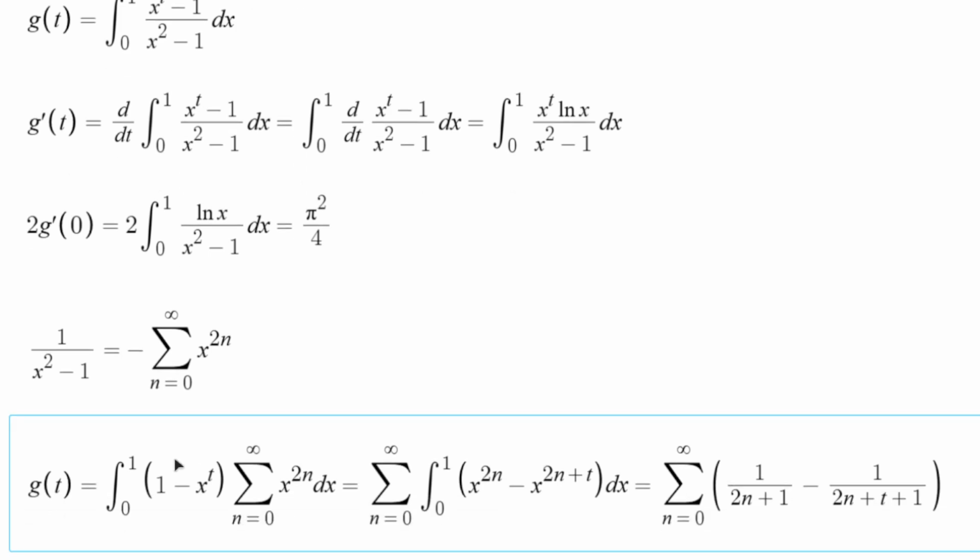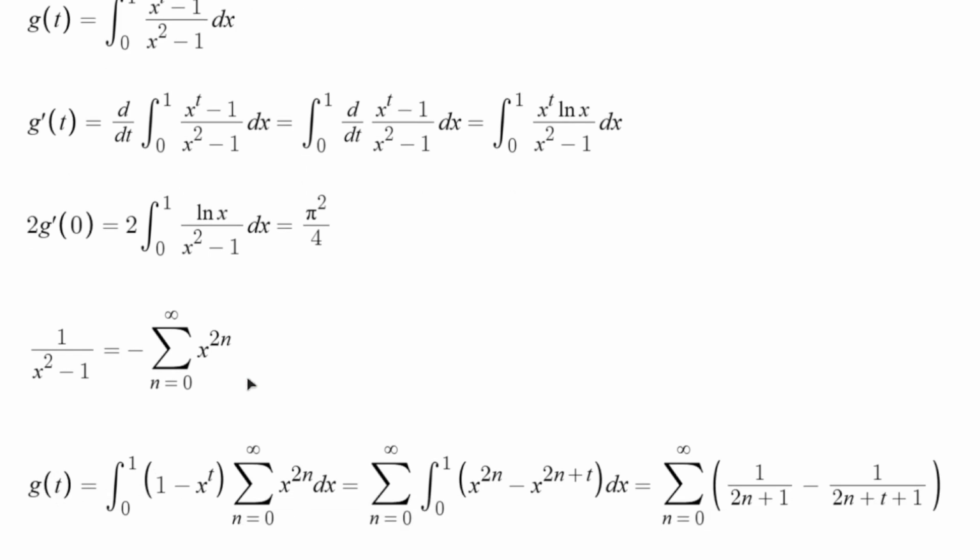All right, so now we have g of t. Well, we can plug in this sum for this expression right here, giving us g of t is equal to this times this sum. I used the negative attached to it just to switch the order of x to the t and that minus 1.